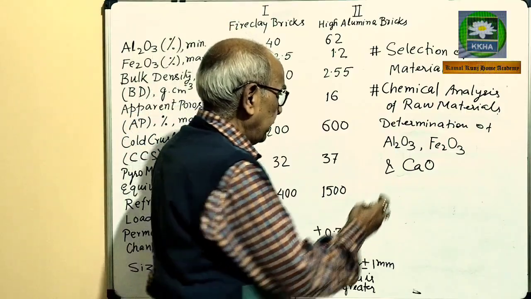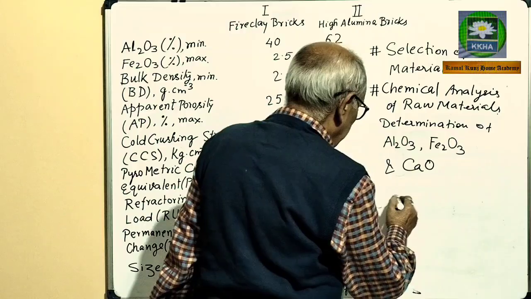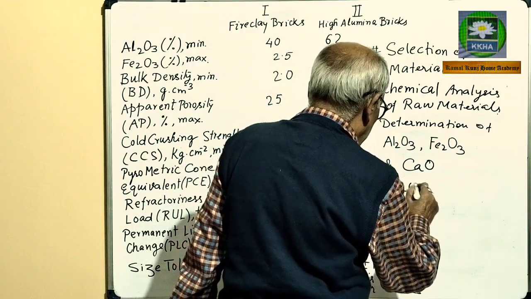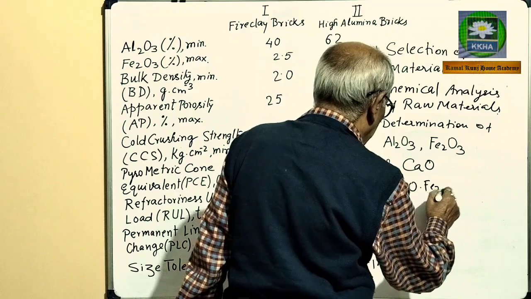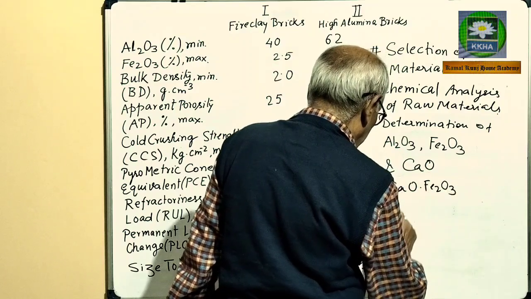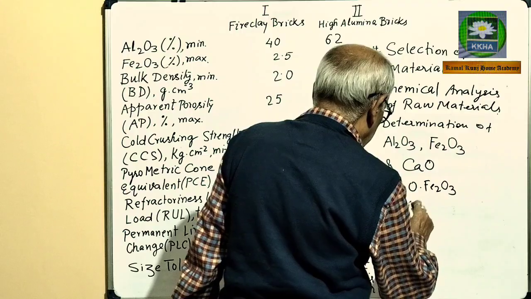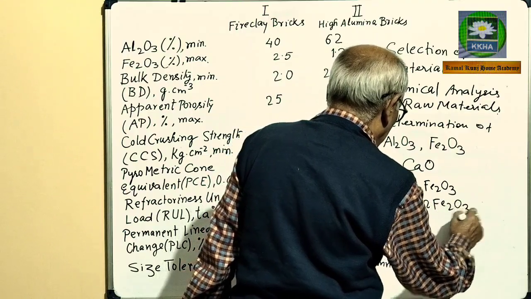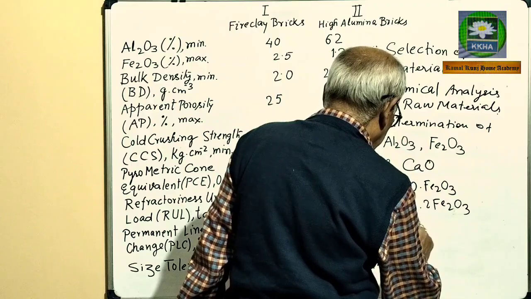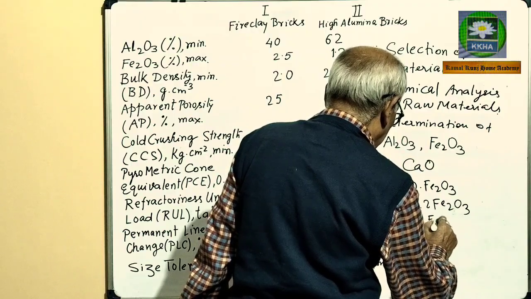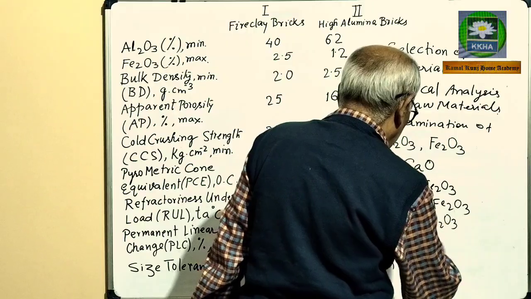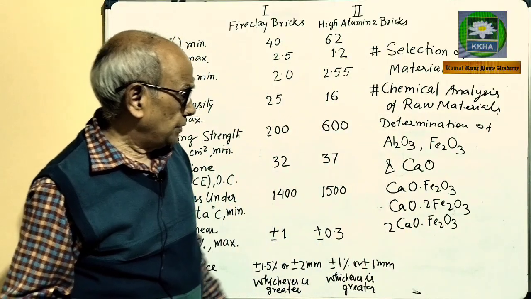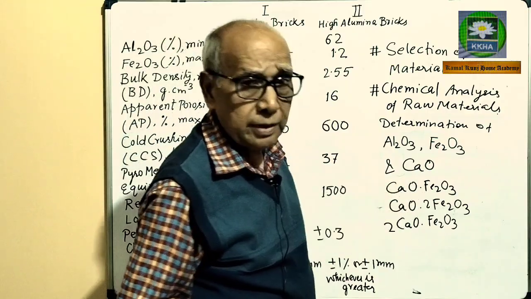Because lime in presence of Fe2O3 forms low melting compounds, calcium ferrite, calcium diferrite and dicalcium ferrite. They are low melting compounds.